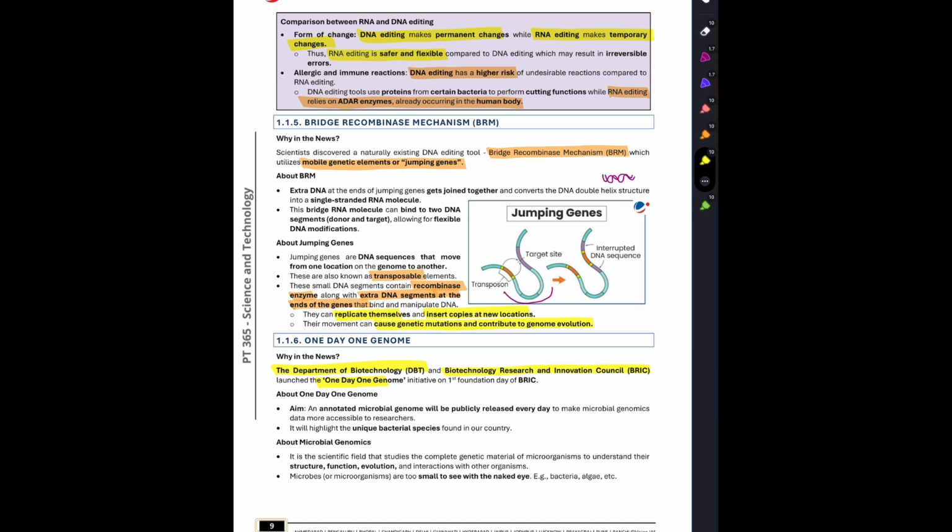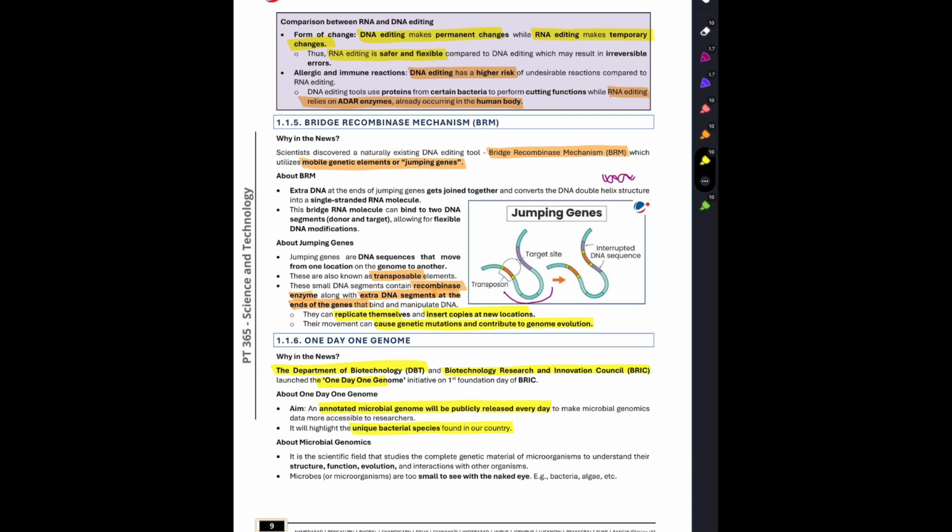It will highlight the unique bacterial species found in our country, helping research and development in the field of molecular biology.